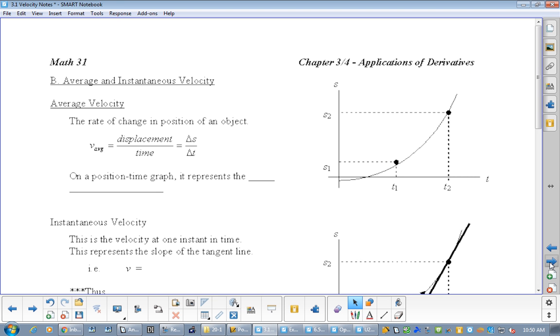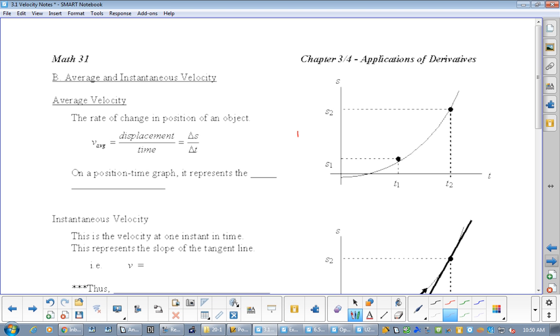Okay, so let's do some more physics. Average velocity is the rate of change in position of an object, its displacement over time, delta S over t. This would be position and this would be time. What is the best way to find average velocity?